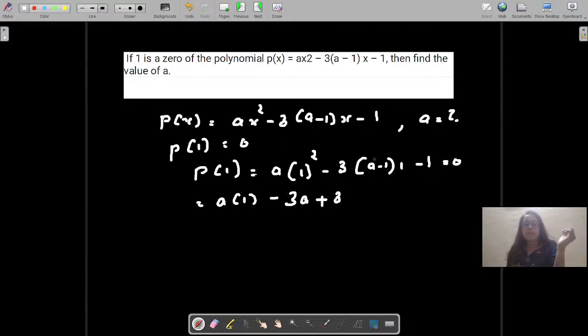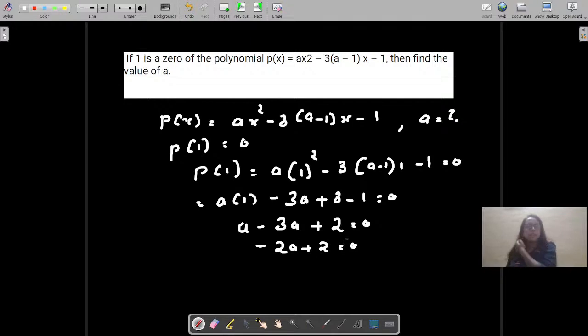Minus 1 is equal to, here it is minus 1, is equal to 0. That is a into 1 is a, minus 3a, plus 3 minus 1 is 2, is equal to 0. A minus 3a, that is minus 2a plus 2 is equal to 0.